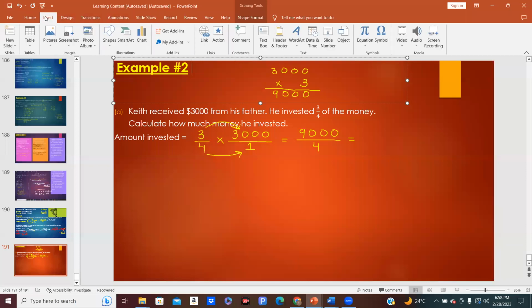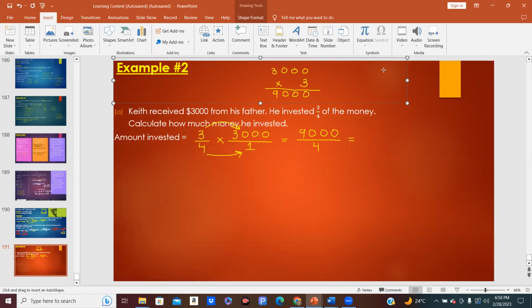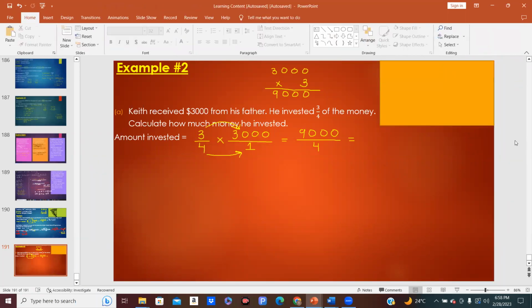For those who do not know how to divide, please pay close attention to how we're going to divide this, okay? Did anyone else who divided get an answer yet? I got 2,250. Okay, that sounds right.